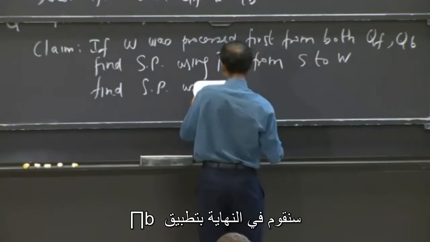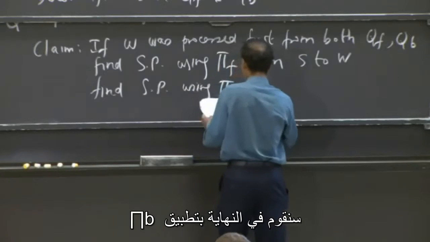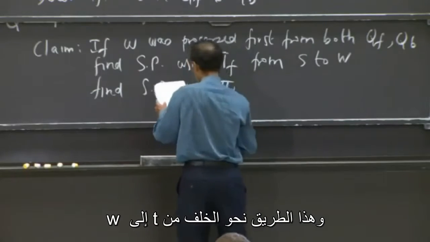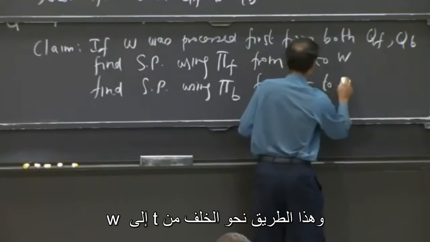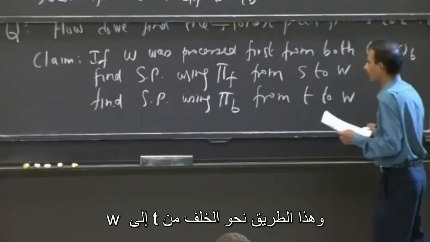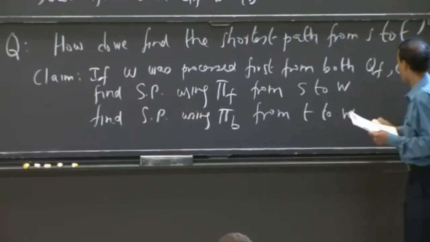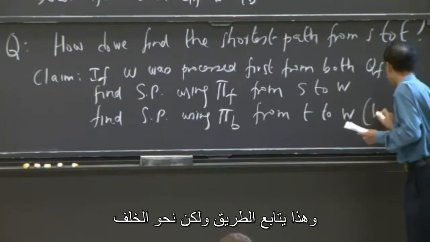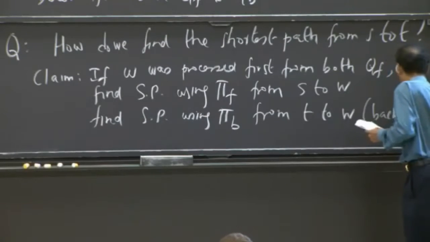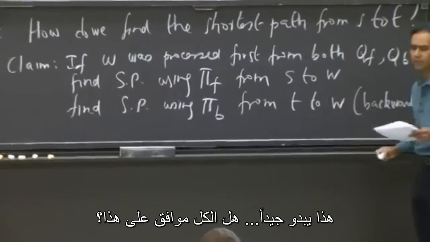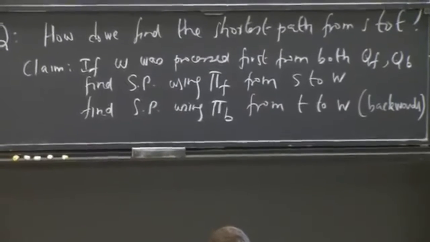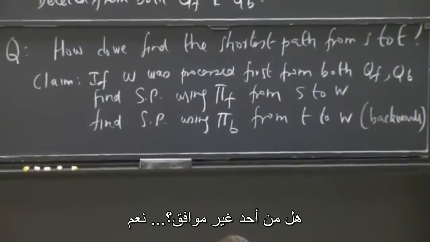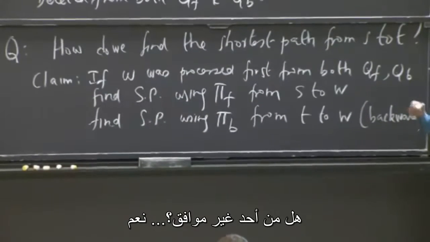And you're going to constantly apply pi b, and this is the backwards path from T to W. Okay. And this follows the edges backwards. All right? And this sounds pretty good? Everybody agree with this? Anybody disagree?